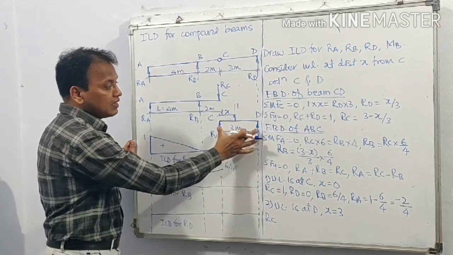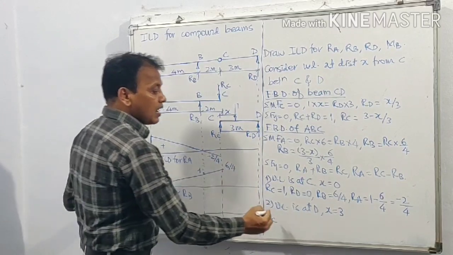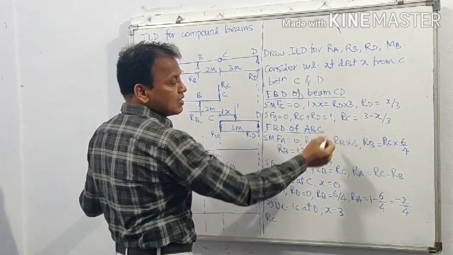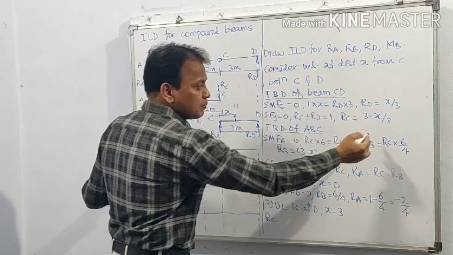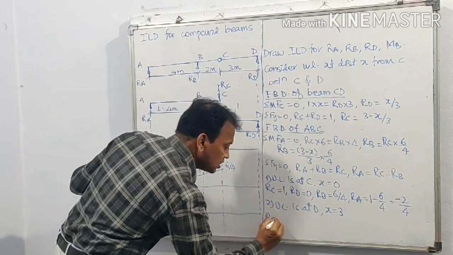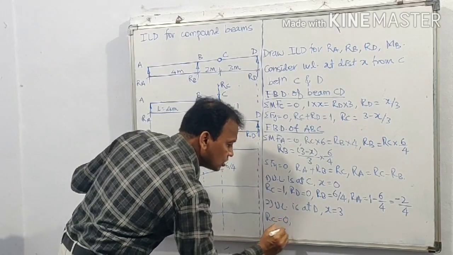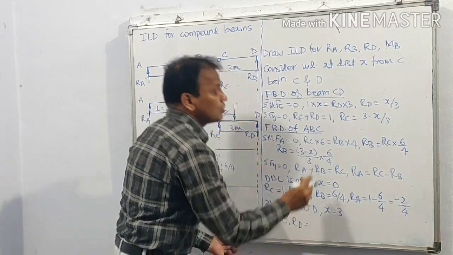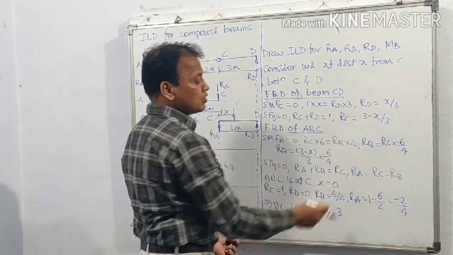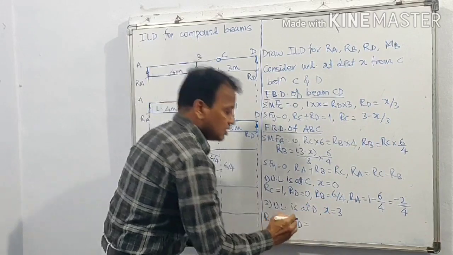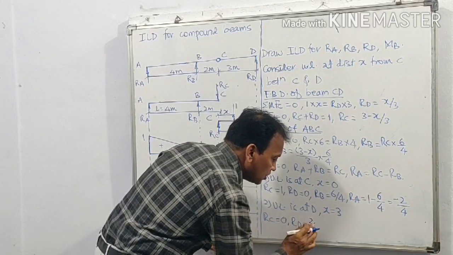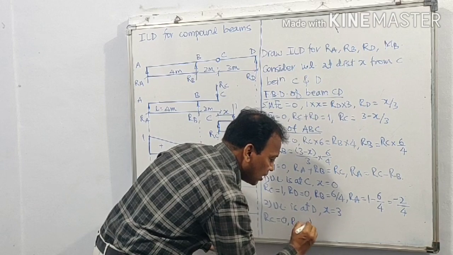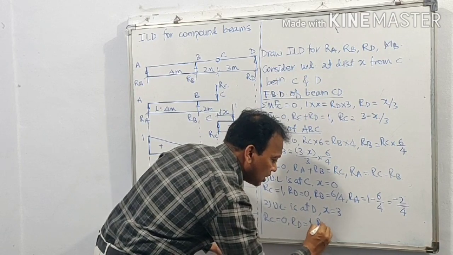Now the unit load is at D, x is equal to 3. RC is equal to, what is the generalized equation, (3 minus x) upon 3, with x equal to 3, 3 minus 3 is 0, therefore RC is equal to 0. RD is equal to x upon 3, x is 3, therefore 3 upon 3, that is 1, RD is equal to 1.